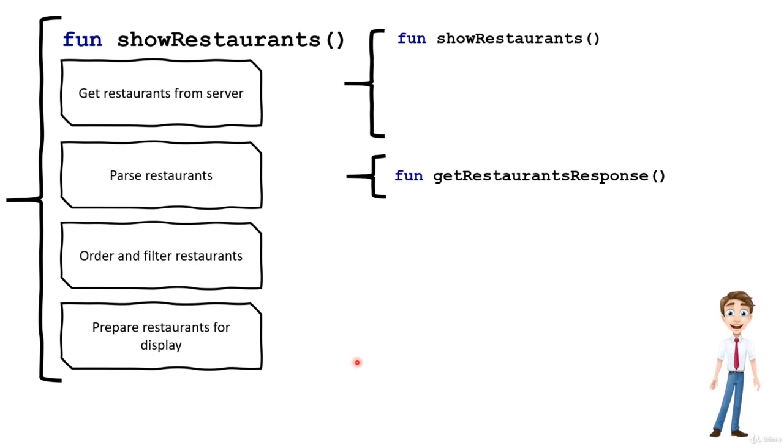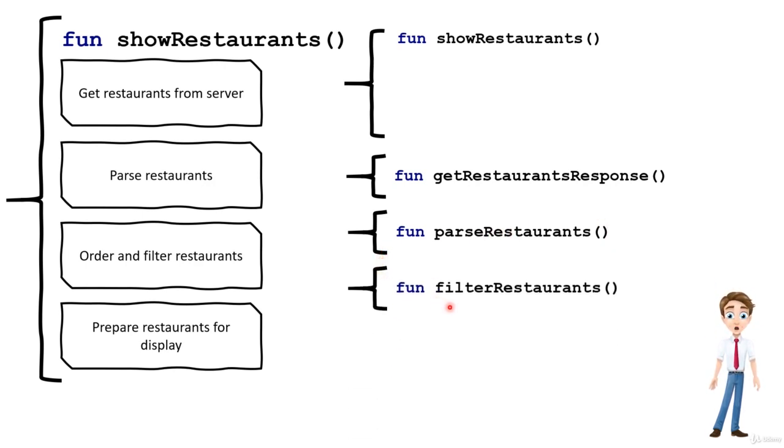The first is getRestaurantResponse, which gets the restaurants from the server. Another will parse the response, another will filter the restaurants, and finally another prepares the restaurants for display, which I called prepare restaurants. It doesn't really matter, but the name has to be suggestive of the action it does.